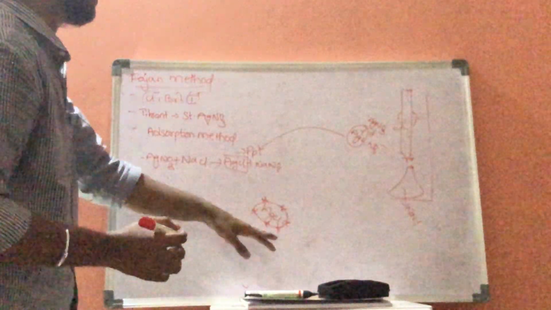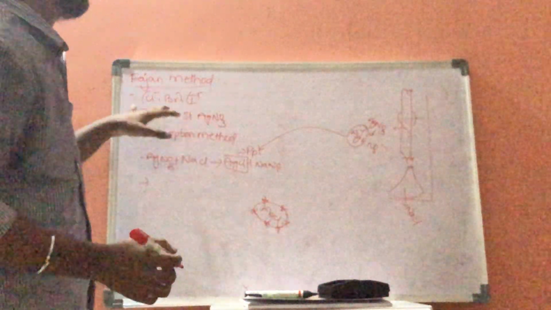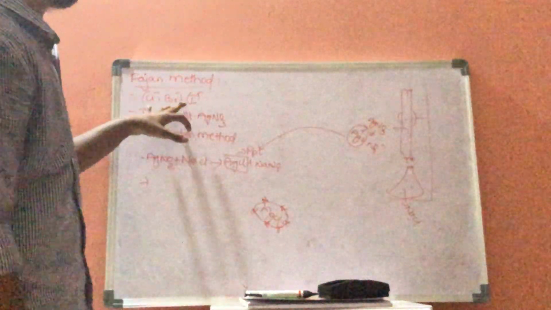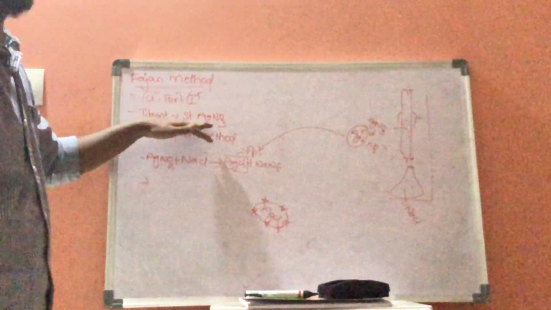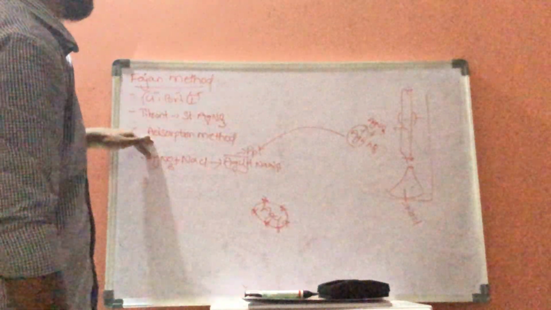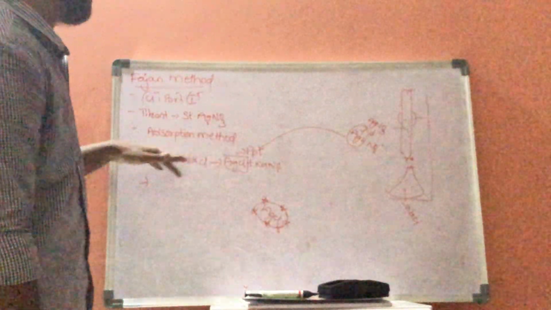So this process is called the adsorption process, and Fajans' method is used for the identification of chlorides, bromides, and iodides, based on the adsorption mechanism.